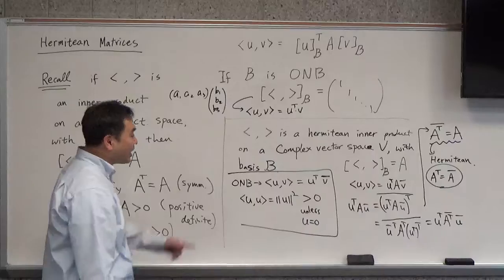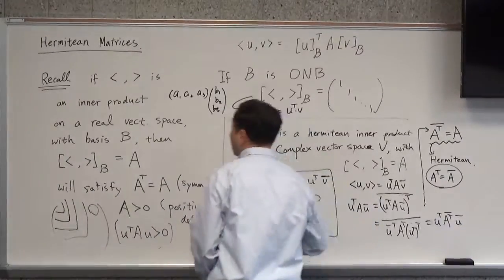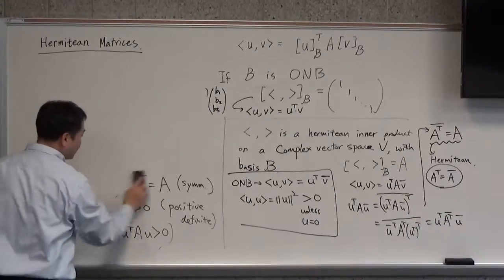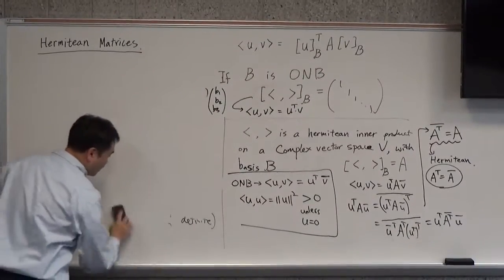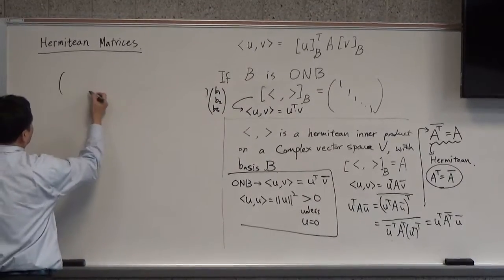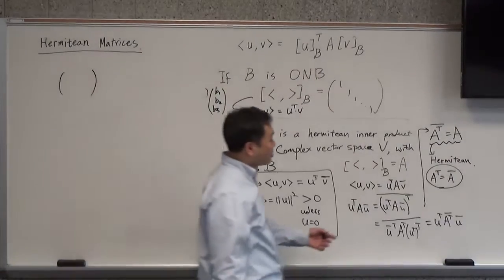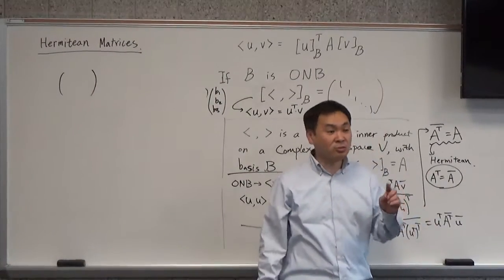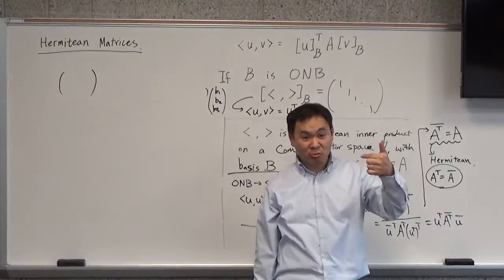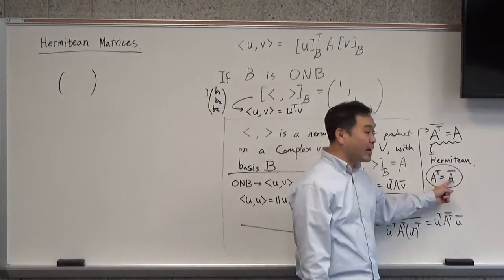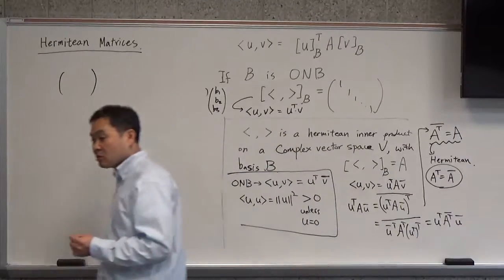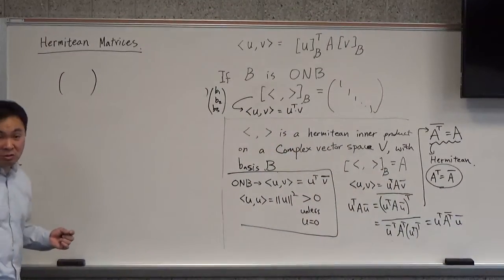That gives us a better idea of what a Hermitian matrix looks like. An example of a Hermitian matrix would be something like this. First, the transpose doesn't do anything to the diagonal entries. Diagonal entries stay the same when you take the transpose, because transpose just flips over the diagonal. And because the diagonal has to equal its complex conjugate, any Hermitian matrix must have real entries on the diagonal.